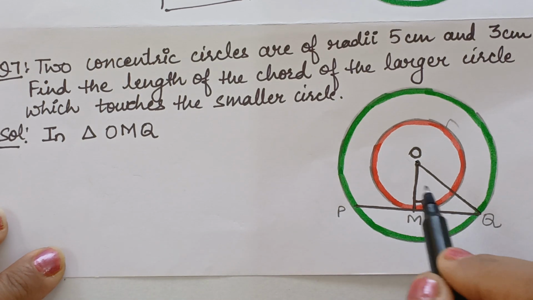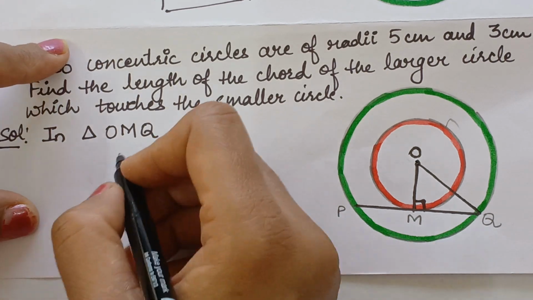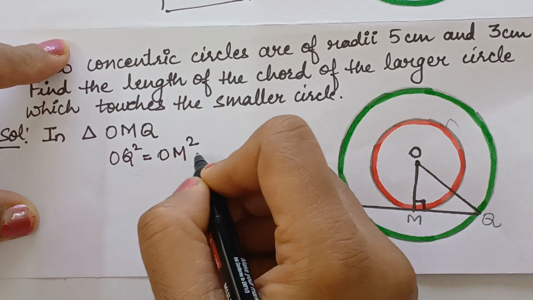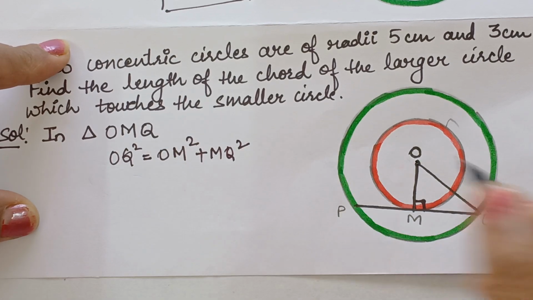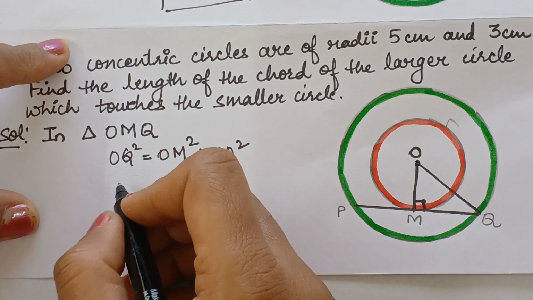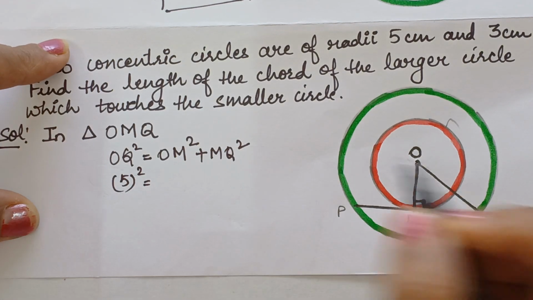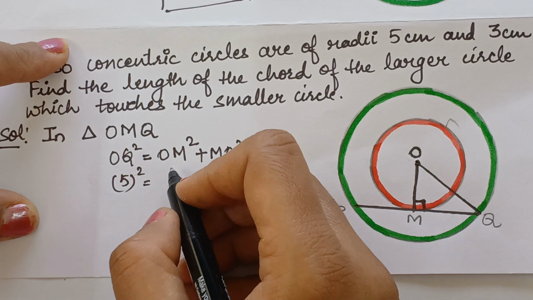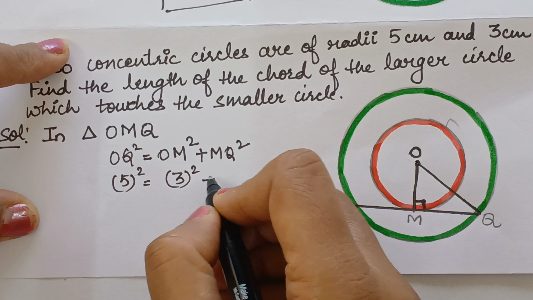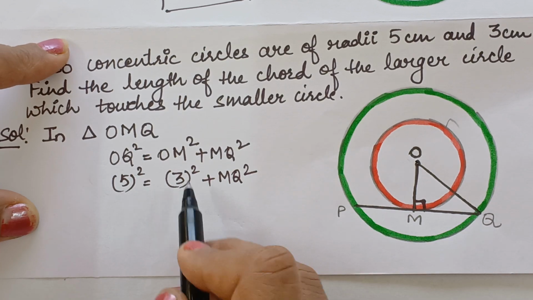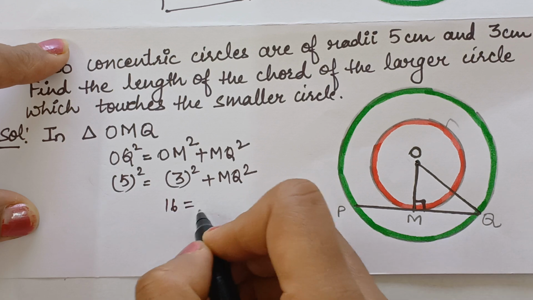So here in triangle OMQ, we will have OQ square is equal to OM square plus MQ square. Now what will be OQ? OQ is the radius of the larger circle, which is 5. OM is the radius of the smaller circle, which is 3. So this is 25, this is 9. 25 minus 9 is 16.